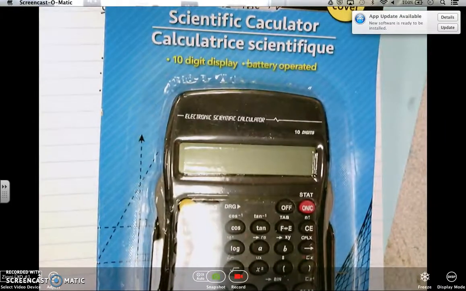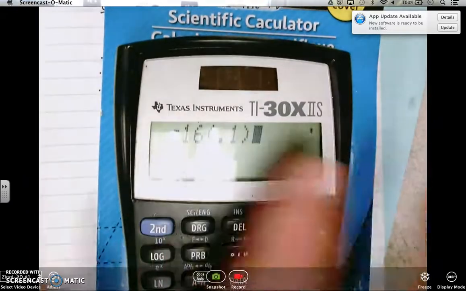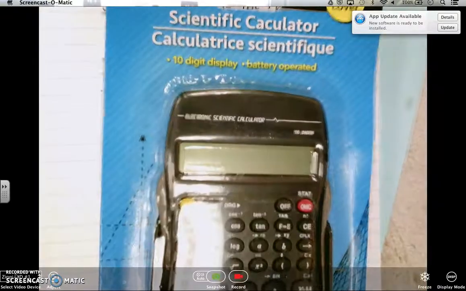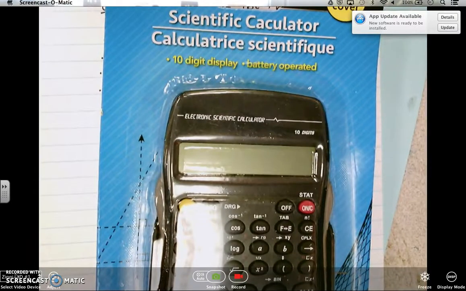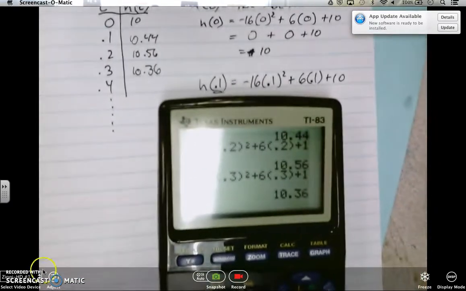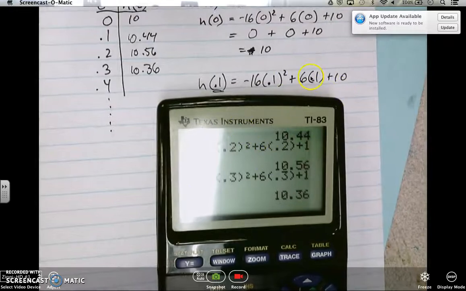The difference is the screen's not as big. You won't be able to see both lines of display, what you typed in and what it equals. But they will get the job done. You can also use your phone. Just make sure whatever calculator you're using, if it's a scientific one like these, automatically knows the order of operations. If you get anything other than this, we need to go back and check your answers.